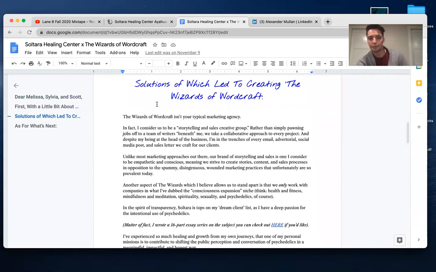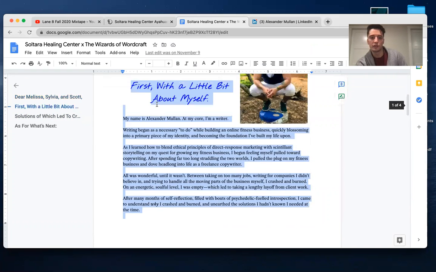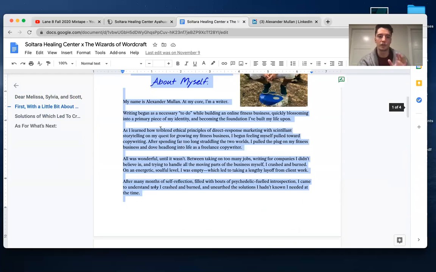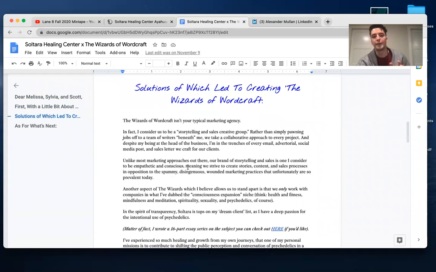So second up, well, I guess this bit will make more sense if you actually read everything here. Short story short, as of a couple months ago, I started what I'm calling a storytelling and sales agency rather than a marketing agency.